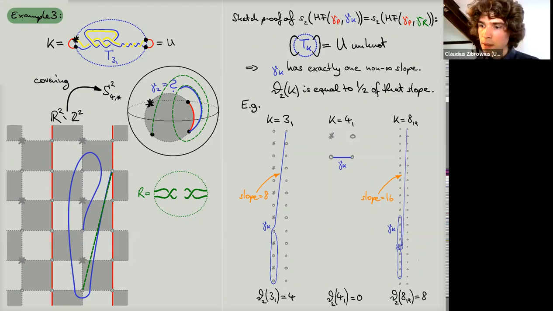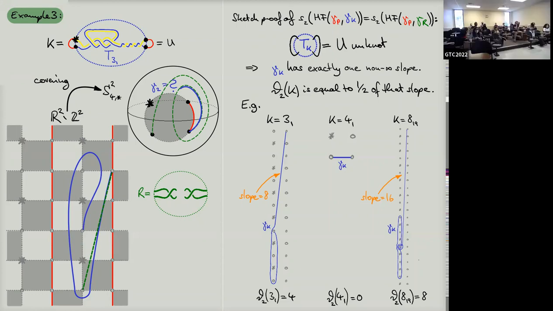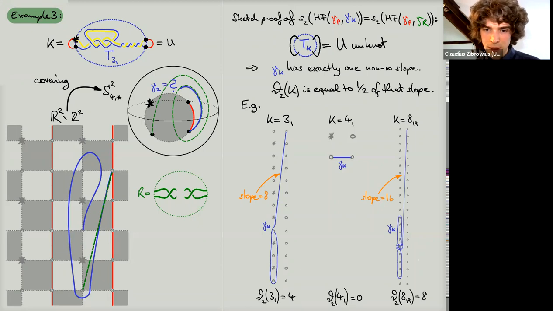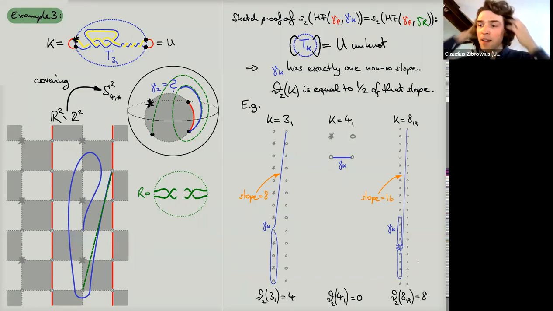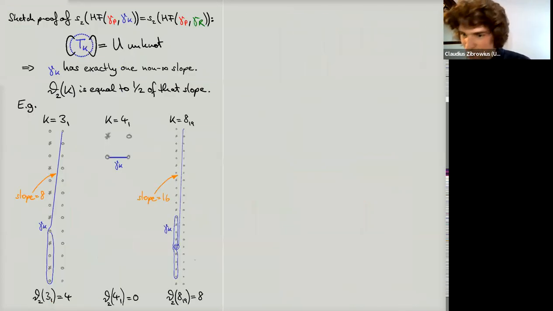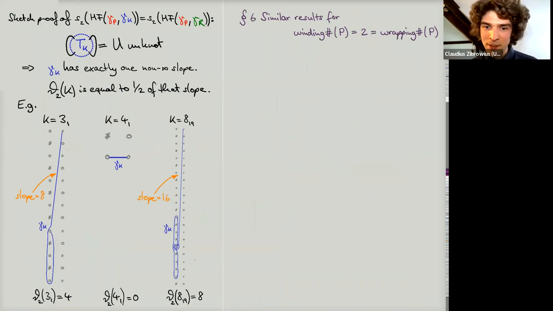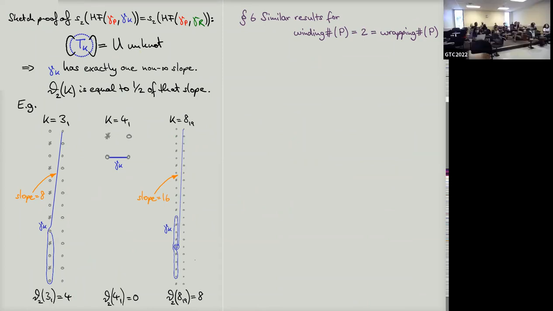If the winding number is not equal to 0, if it's plus or minus 2, then things get more interesting. That was the last slide that I had prepared. So what can we say about the case where the winding number is equal to 2? Was that really the question? Yes.